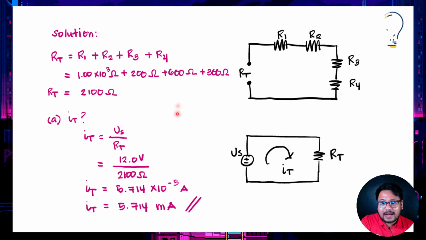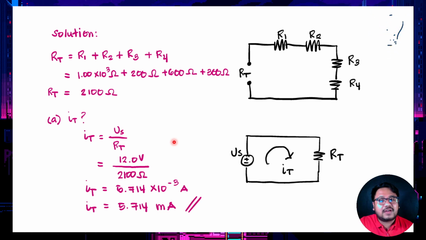We bring back our voltage supply and connect it across our total resistance. We could represent our R1, R2, R3, R4 as one resistor only, and that is RT. So we now have IT just equal to the voltage source over the total resistance. So you have 12 volts over 2,100 ohms.